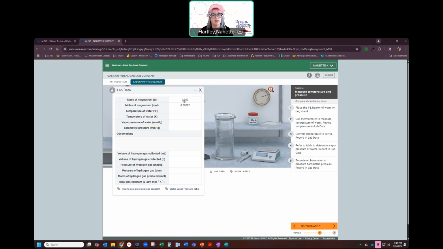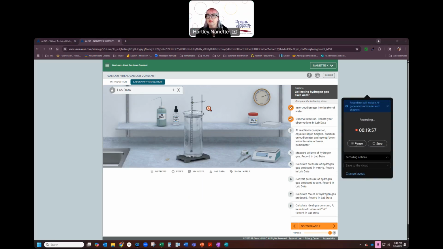Neither one of those leading zeros is significant, but the 2 and the 0 at the end are significant. So that's why my moles of magnesium has 8 and 2. Those are significant digits, so those are things that I have to report. So make sure that you're consistent with your sig figs because it's going to complain about them. Okay.